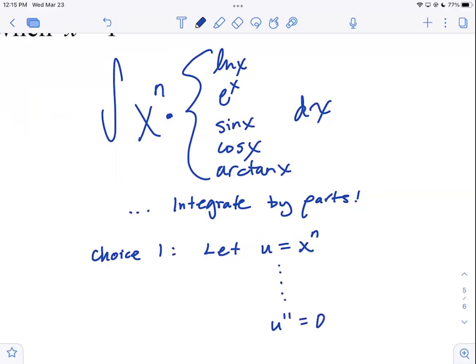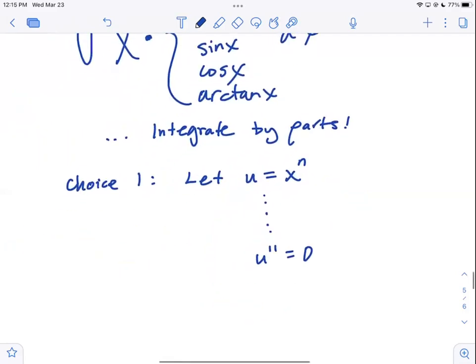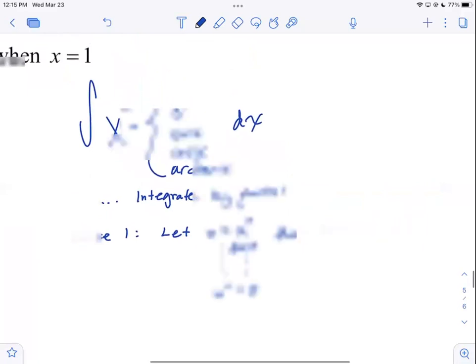It would be u to the n plus 1, really, but that doesn't always happen, right? And what does that mean then? If you do that, then dv has to be the one that you have to integrate. U is the one that you take the derivative of, but dv is the one that you integrate.